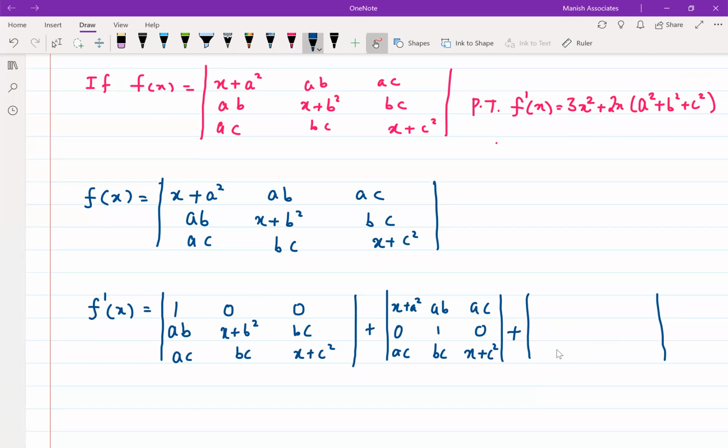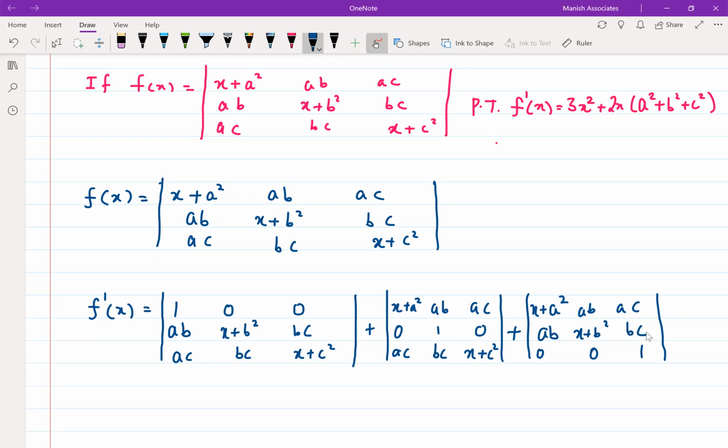नाउ डिफरेंशिएट द थर्ड रो. In the third row, ac is constant term derivative 0, bc is constant term derivative 0, x plus c square, x का derivative 1, and remaining rows as it is. So what have you followed here?